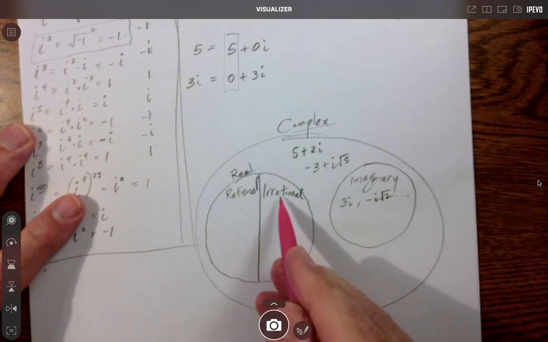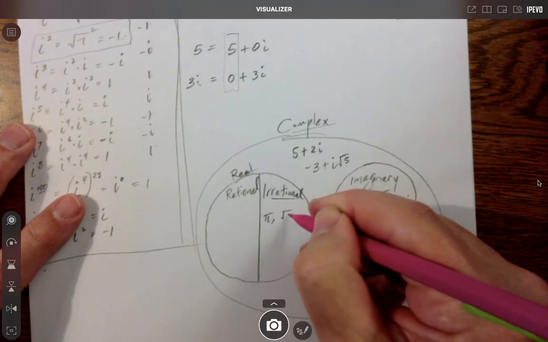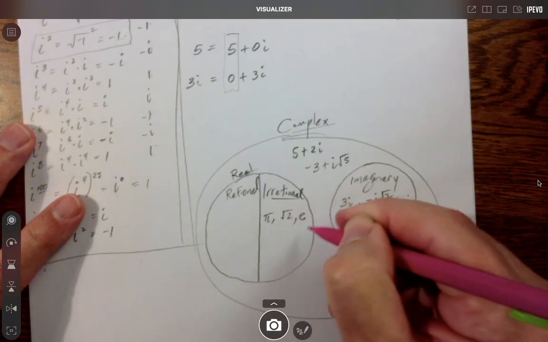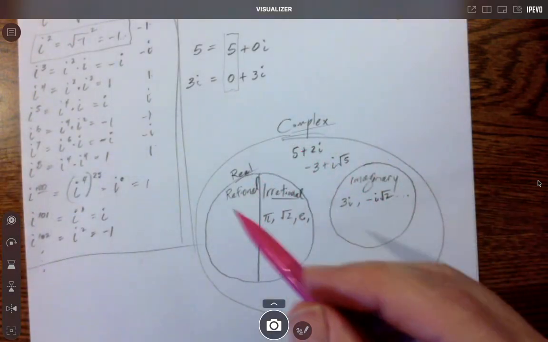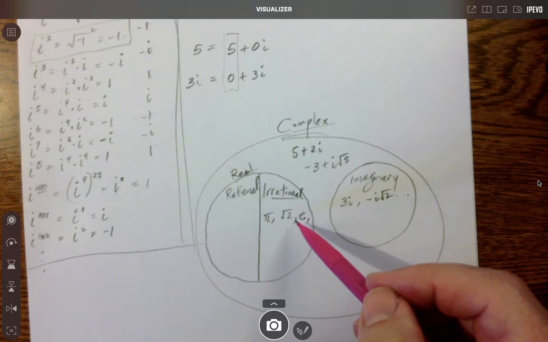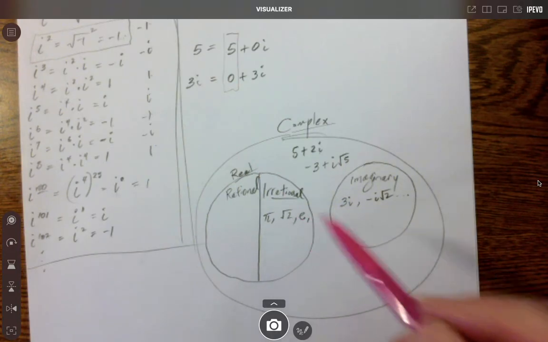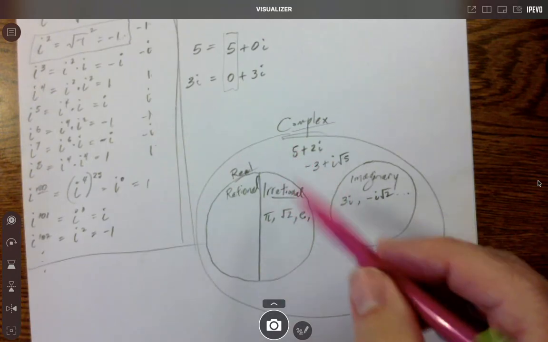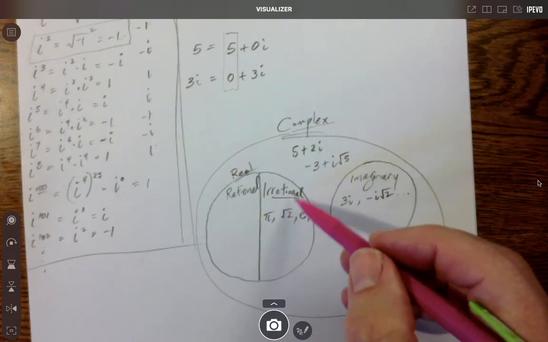So irrational numbers are those numbers like pi, square root of 2, e, most of the square root numbers. Remember, it's just a number that has a decimal part that doesn't end and doesn't repeat, right? You can't write it as a ratio of two integers.